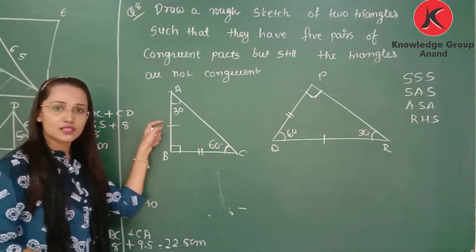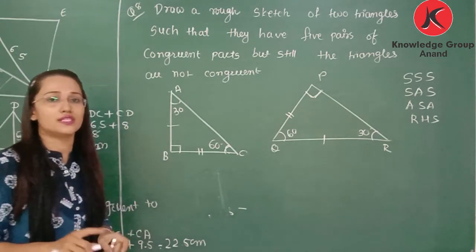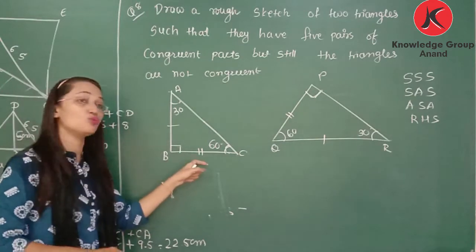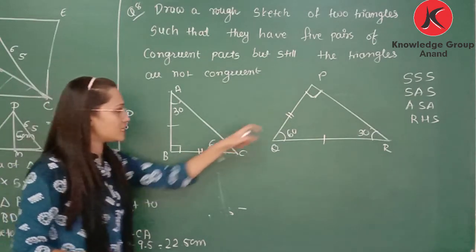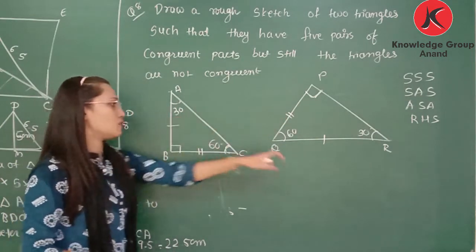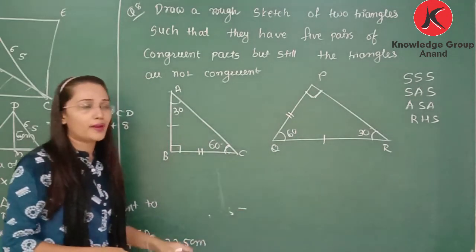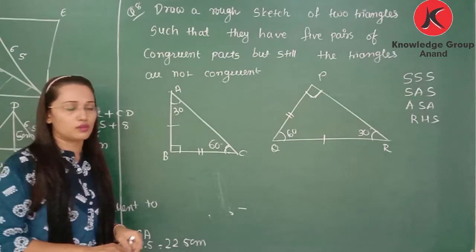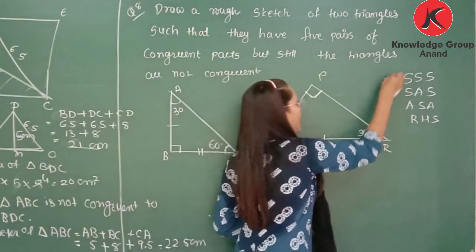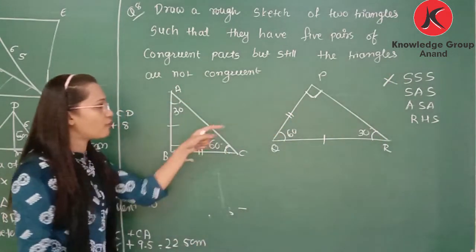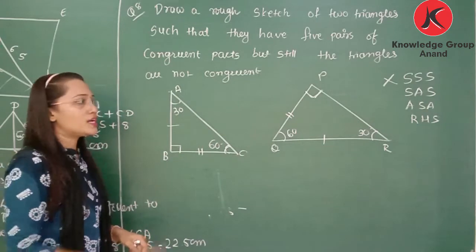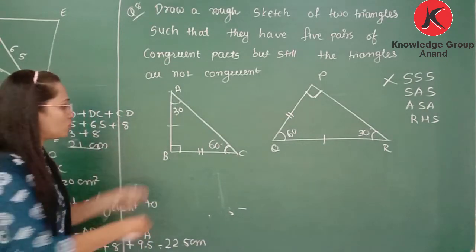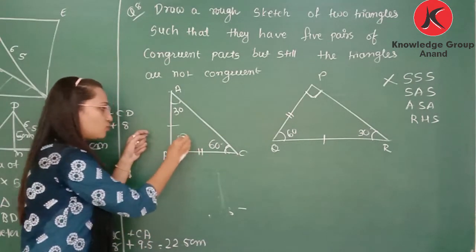Can we apply SSS? For SSS you need 3 sides equal, but here you can see only 2 sides are equal. This side is equal to this side and AB is equal to QR. So we cannot apply SSS because it is not given that the third side is also equal. Now check for the SAS criteria. Side, angle, side. So 2 sides are equal and the angle is the included angle.